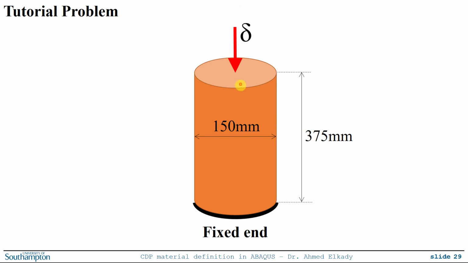We are going to model a concrete cylinder with these dimensions, with a fixed end and some displacement control loading from the top, and we'll see how damage will happen. So we'll see you in the next video.